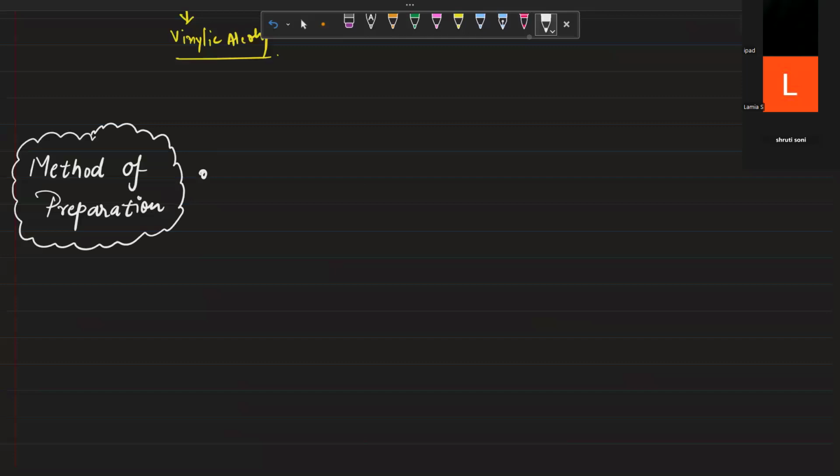Sorry, can you see the names again? Names. Okay. So firstly, we discuss classification.